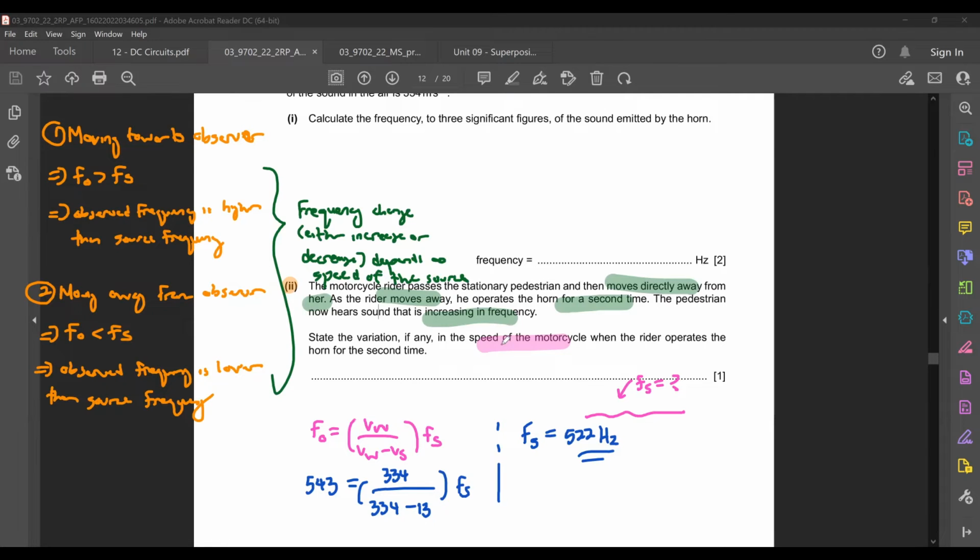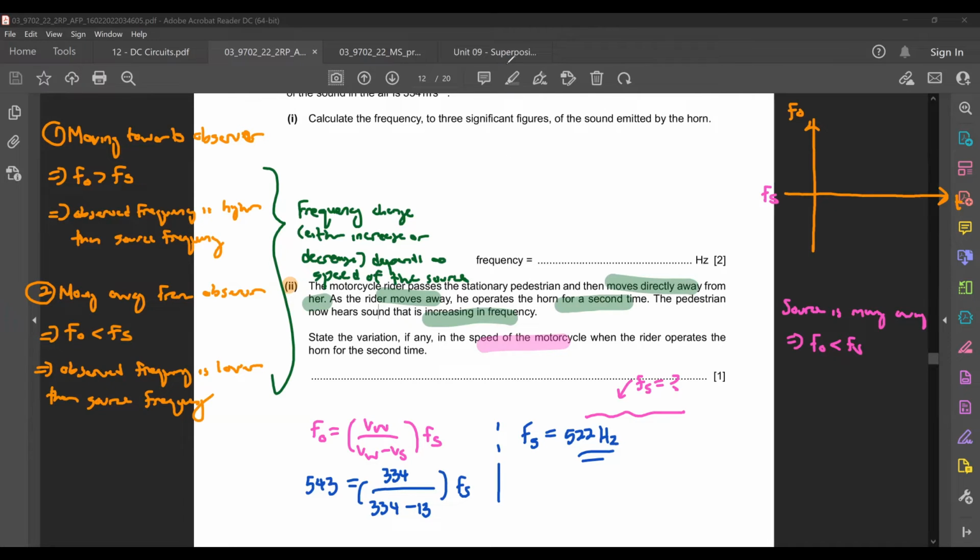What is basically happening here is that if I try to draw you a graph of observed frequency versus time, because your source is moving away, I know that observed frequency will always be less than source frequency. Let's just say that the x-axis here is my source frequency.